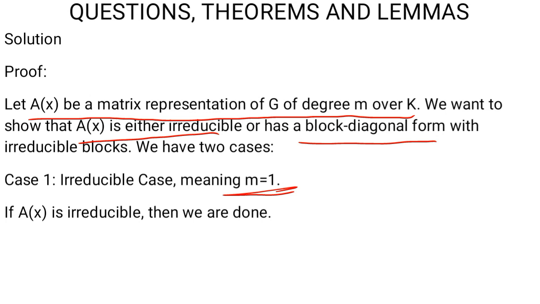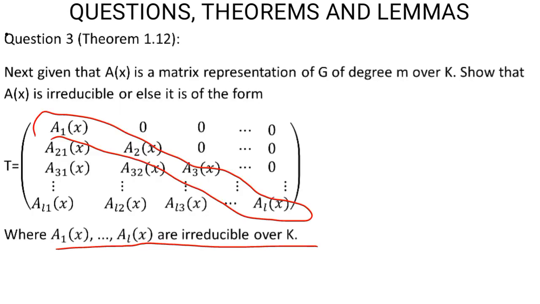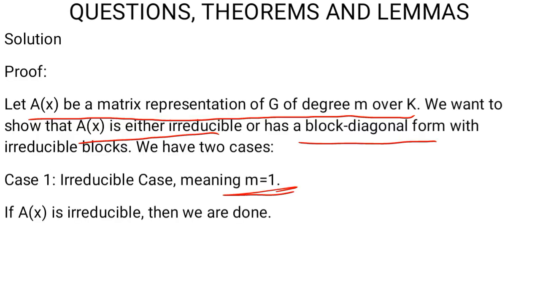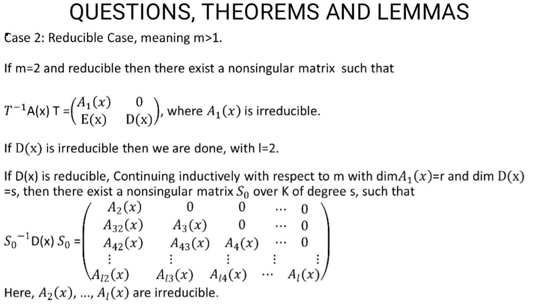Once m is equal to 1, all you just have is the first entry, right? It'll just be all of this. So that's all. We're through with it. So it's a simple case. So m equals 1, AX is irreducible. Therefore, we are done.